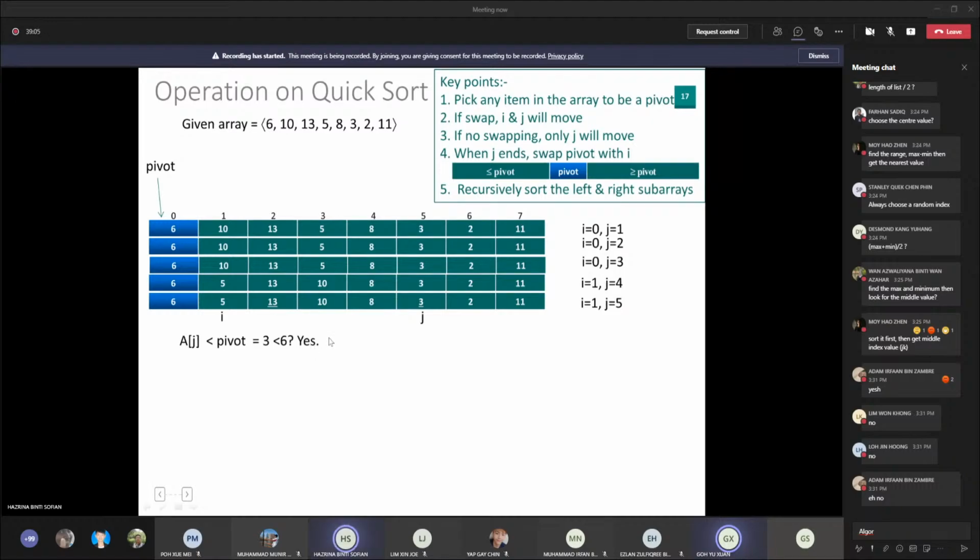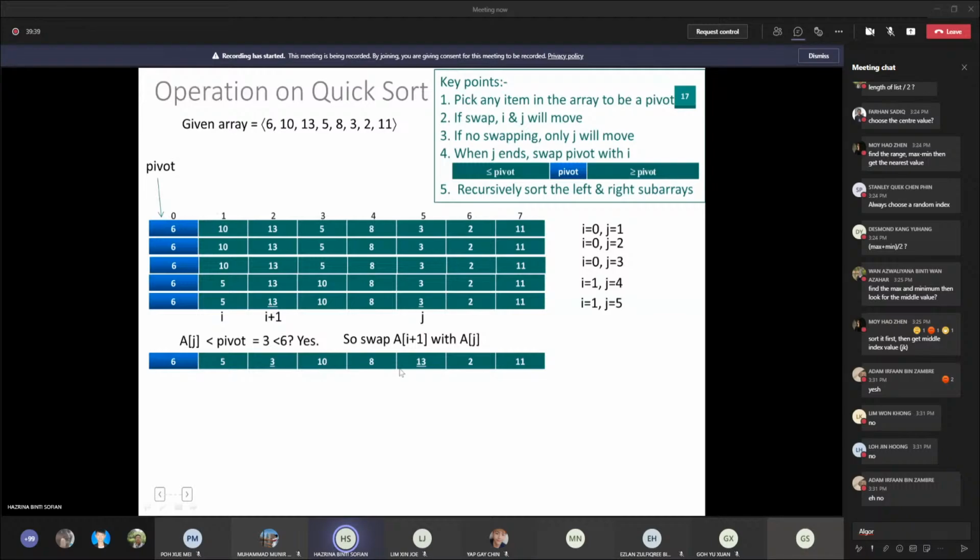If j is smaller, then we need to do the swapping, right? Yes. What to swap with what? Swap the i plus 1 with the j. Very good. The value of i plus 1 will swap with the value of j. So 3 will be swapped with 13.